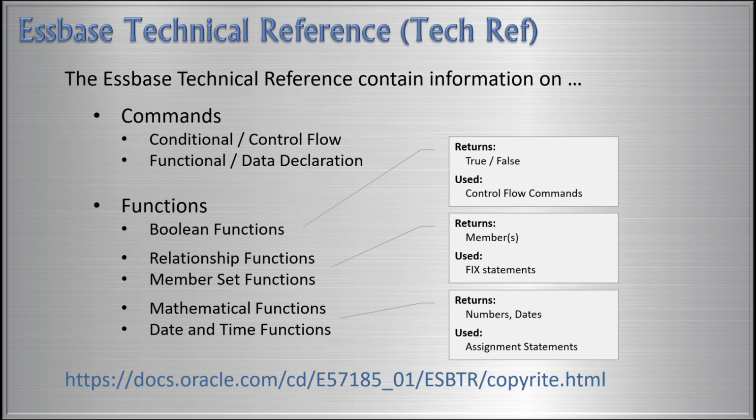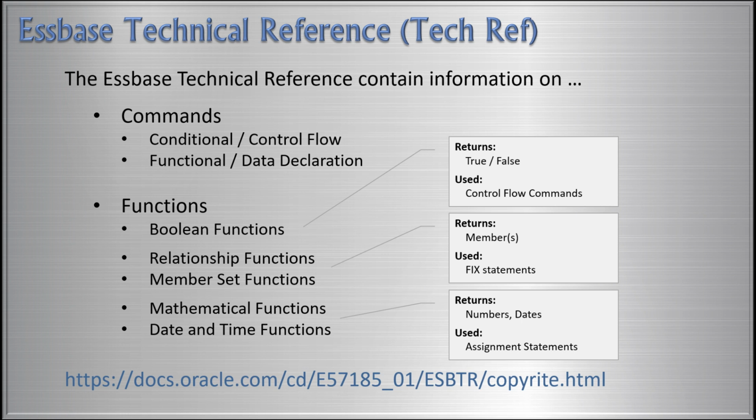In most business rules, functions are at the heart of the calculation, and they can be categorized into some general groups. There are Boolean functions. Boolean functions are functions that return a true or a false, and they're often used in the control flow commands such as if then else.